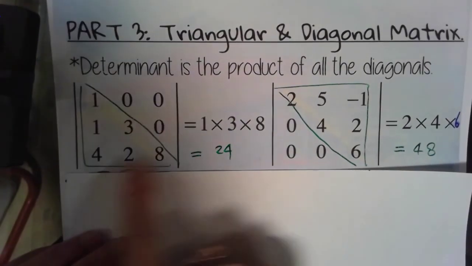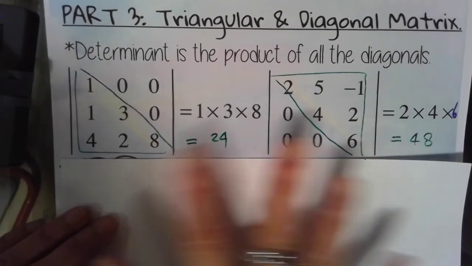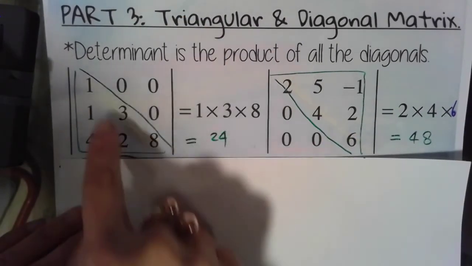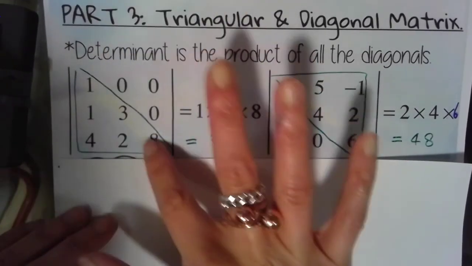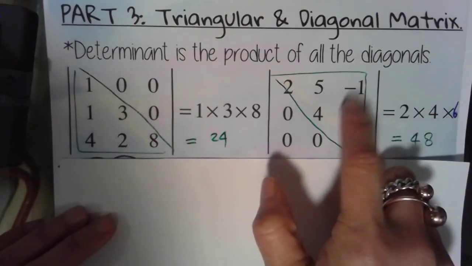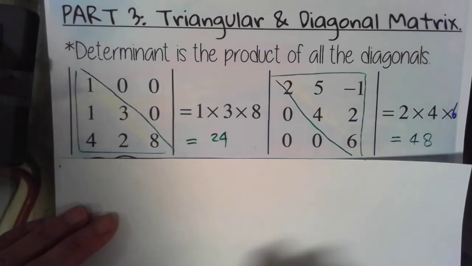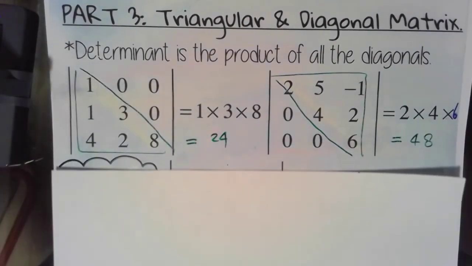Whenever you see a diagonal matrix or a triangular matrix, this is a triangular matrix because it doesn't have zeros all around, but it has values below on the left. So lower left triangular, upper right triangular matrix. Okay? So you just multiply the main diagonals. Now, what does a diagonal matrix look like?